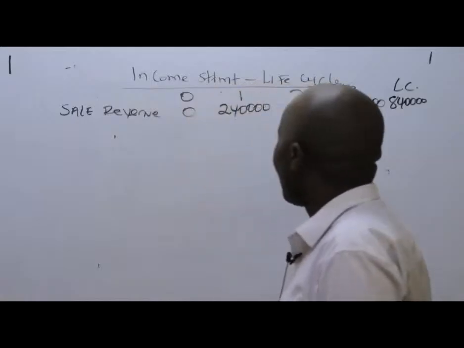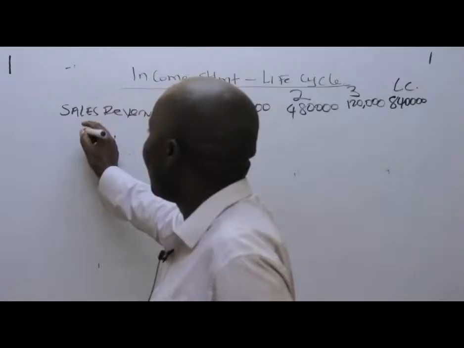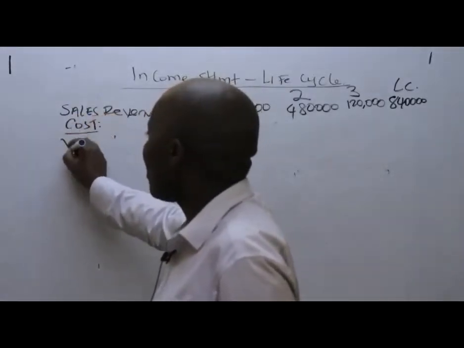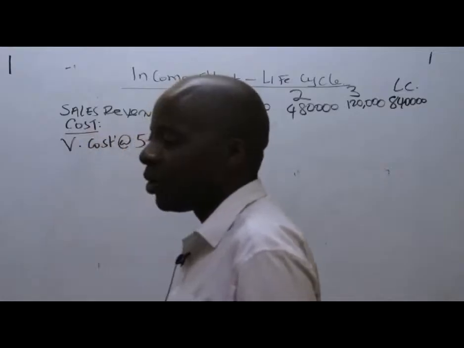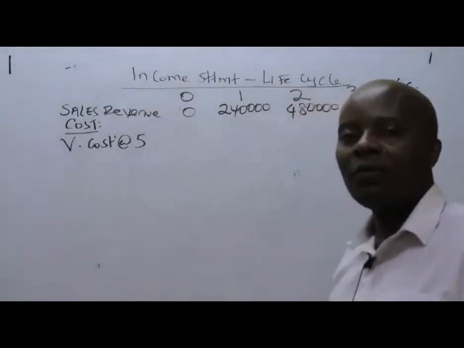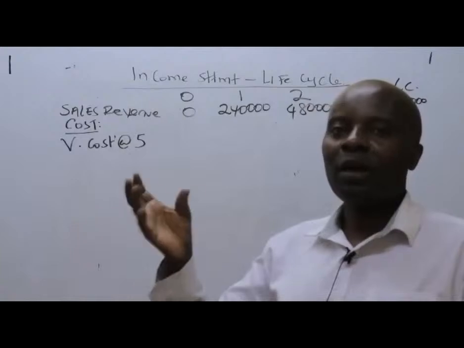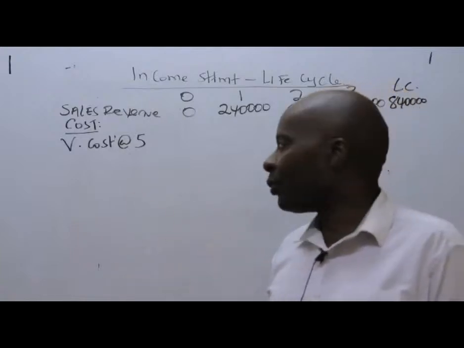Great. So that is sales revenue. Now, after that, ladies and gentlemen, I would want us to go to the next thing, which is the cost, where we shall start with variable cost. Remember, we already calculated variable cost and got a figure of 5 per unit. So ours will be to take the number of units multiplied by 5.